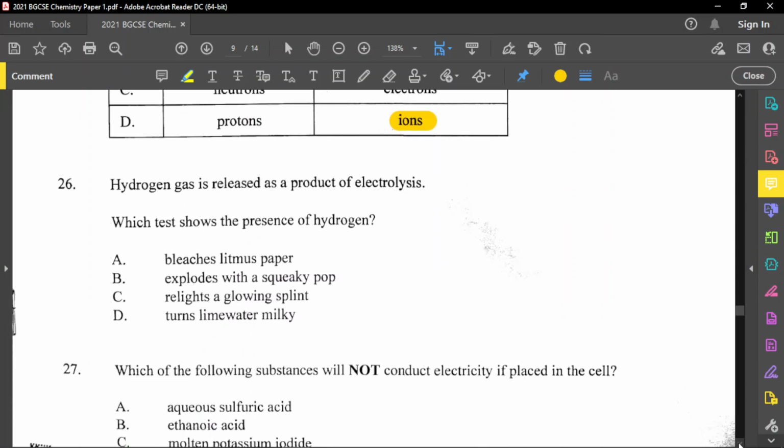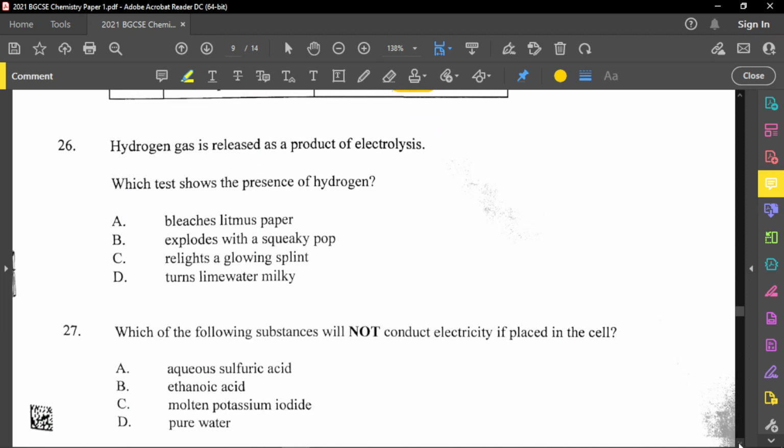For 26, hydrogen gas is released as a product of electrolysis. Which test shows the presence of hydrogen? Hydrogen will give a popping sound in the presence of a lighted splint. So bleaching litmus paper is incorrect. As a matter of fact, B is the correct one: it explodes with a squeaky pop.